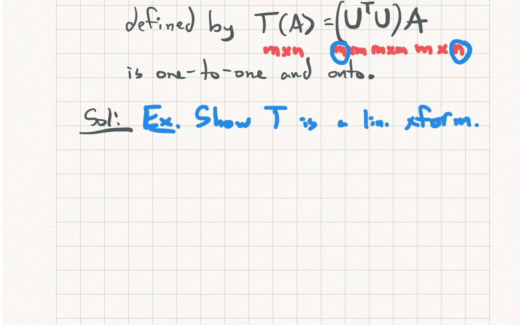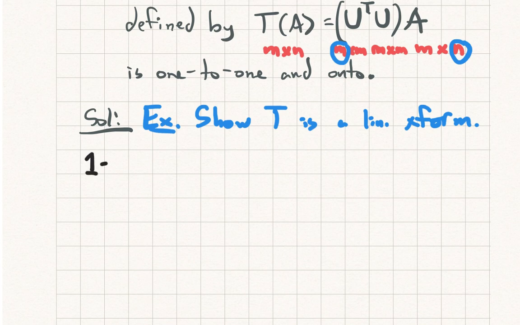So that's something that you guys can show on your own time, but we're going to show that it is both one-to-one and onto. All right, let's start with one-to-one.